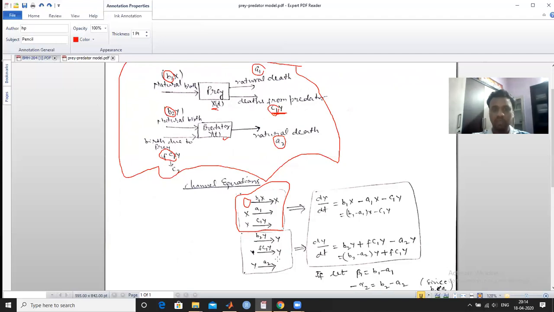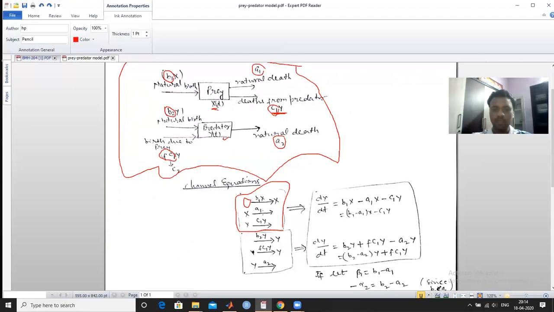If we write down the differential equation for this, dx over dt can be written as follows. In the first term there is no x on the left-hand side, so there is no variable to multiply; we write only B1X, with a positive sign, and the rate is B1X.